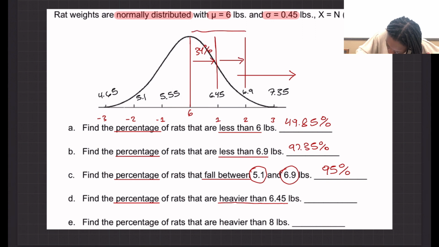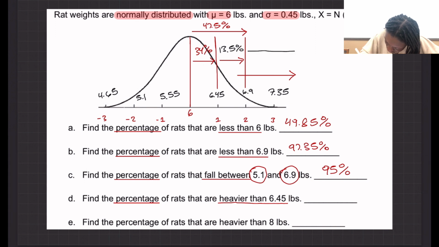We know that this total distance from the middle to the second deviation is 47.5%, right? Because that's half of 95. So I'm going to do a little quick subtraction to find that missing piece right there. So right here is 13.5%.